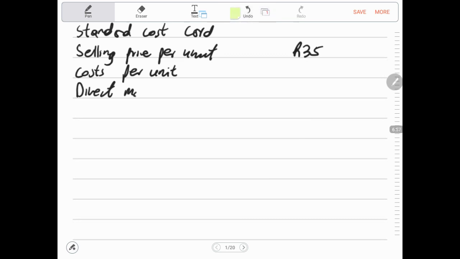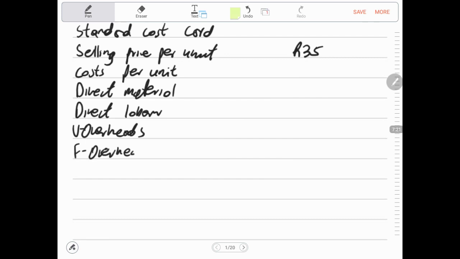And after direct material, we know that there will be direct labor. And after direct labor, we know that there will be manufacturing overheads, variable overheads. Then after, we'll have our fixed overheads.